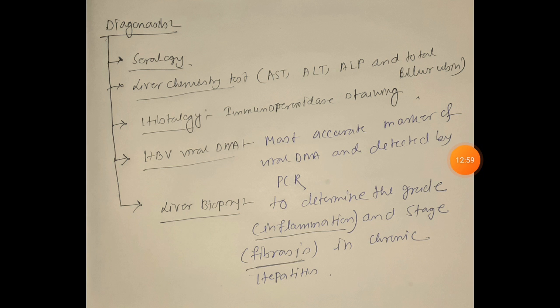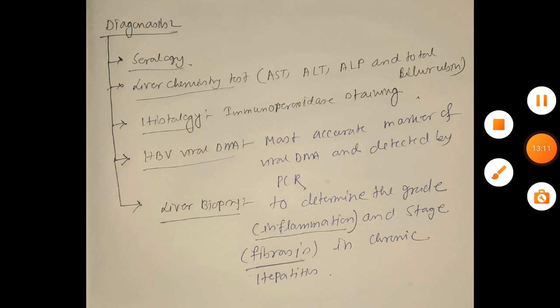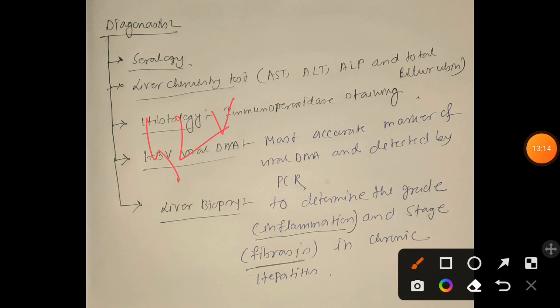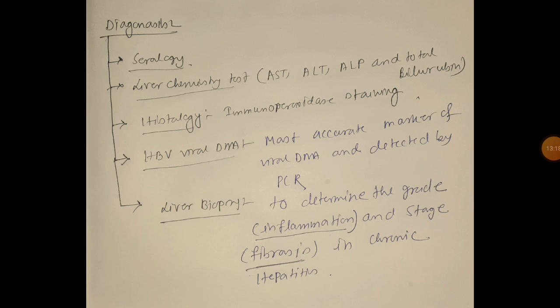That is why we can easily perform serology tests for diagnosis and vaccination for prevention. It is 42 nanometers in size. So we have discussed everything about the structure, right?